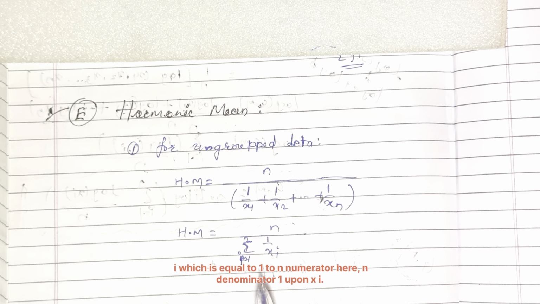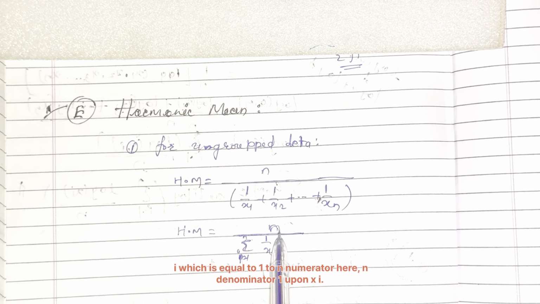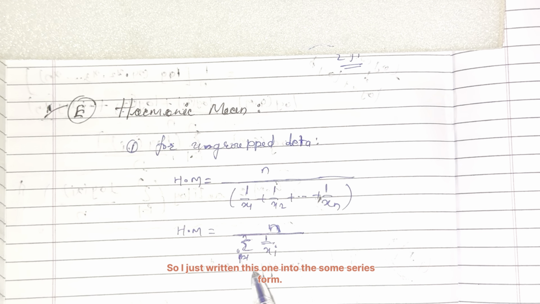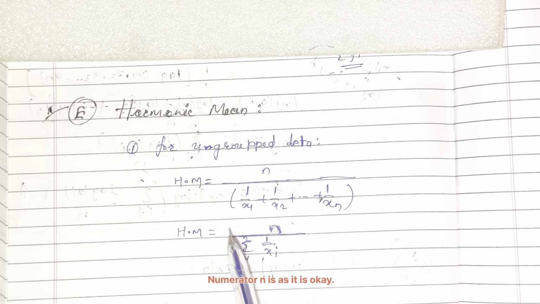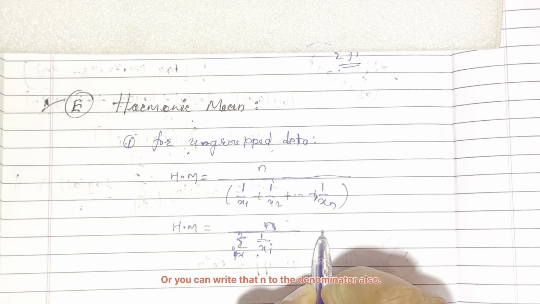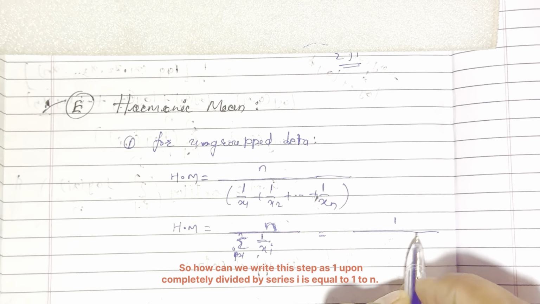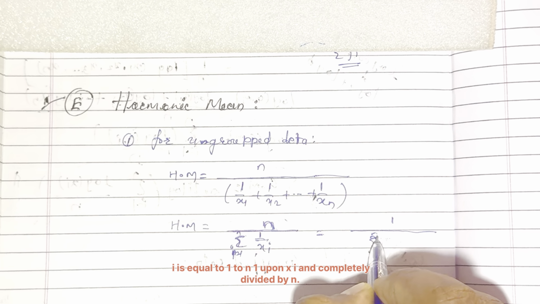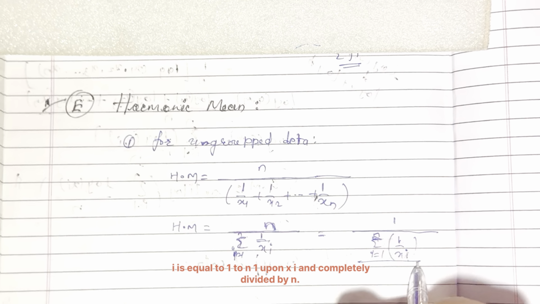For ungrouped data, with i equal to 1 to n, the numerator is n and the denominator is the summation of 1 upon xi. I have just written this in summation form, with the numerator n as it is. Or you can write it as 1 divided by the summation of 1 upon xi, i equal to 1 to n, completely divided by n.